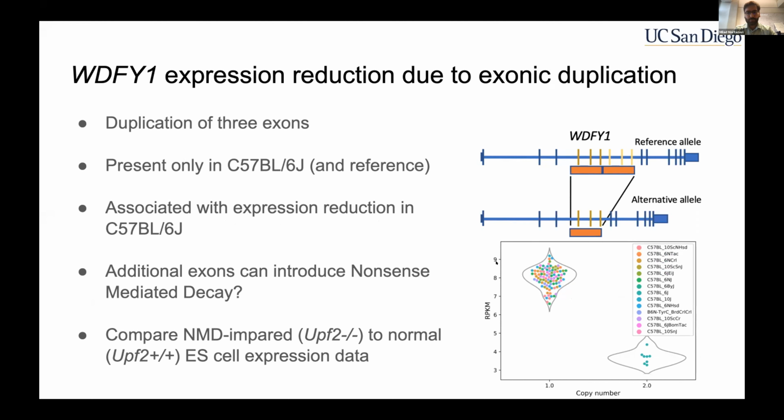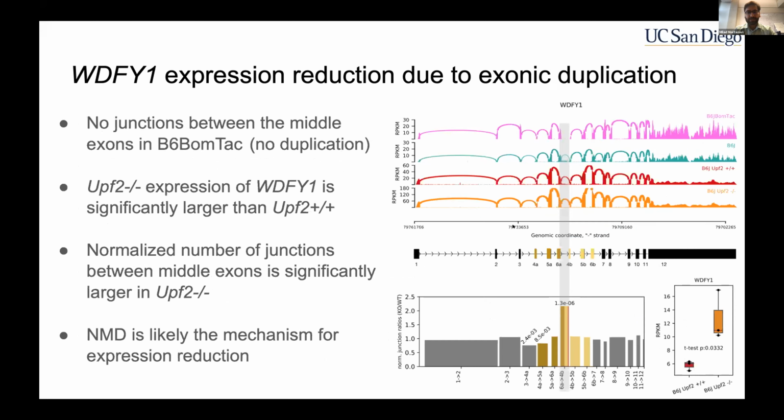And we asked if the additional exons introduced in the middle of the gene can cause nonsense-mediated decay. To address this, we compared NMD-impaired samples, or embryonic stem cells, expression data with wild type data. In the next slide.